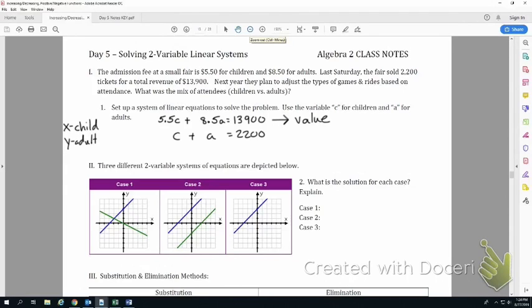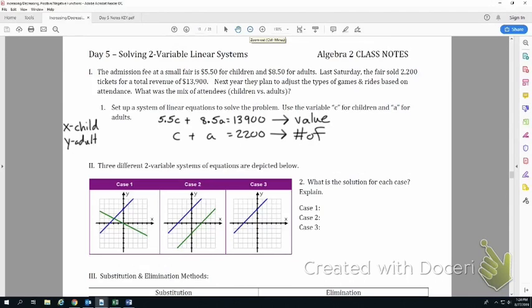The second equation is what I call the number of. And this is where you're just going to add up this variable plus this variable, and then it equals the total number of whatever it is. Okay? So children plus adults is 2,200.